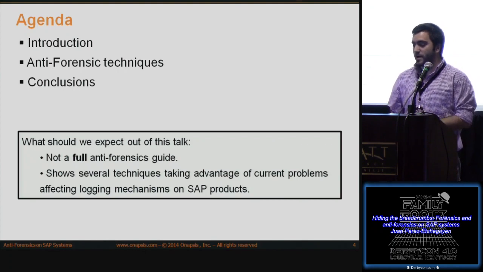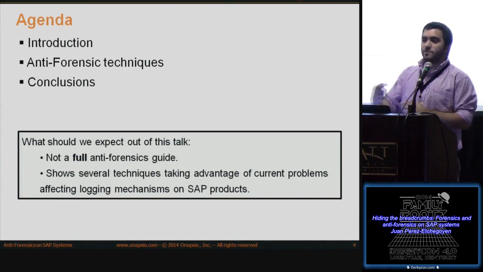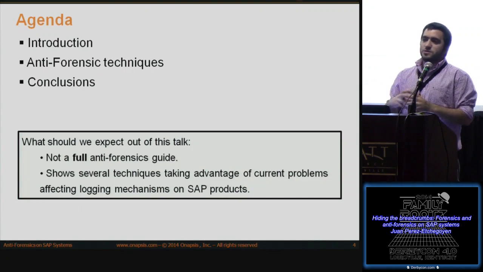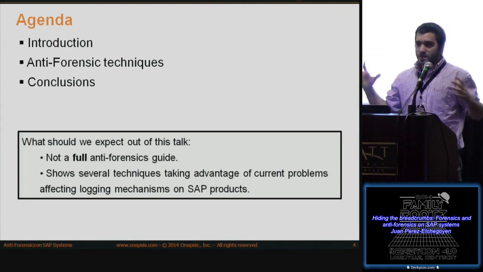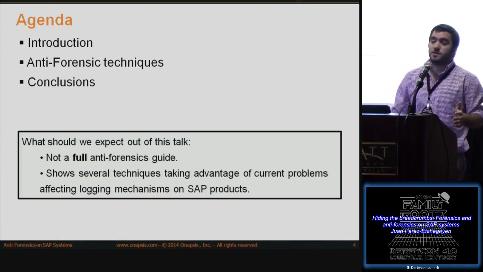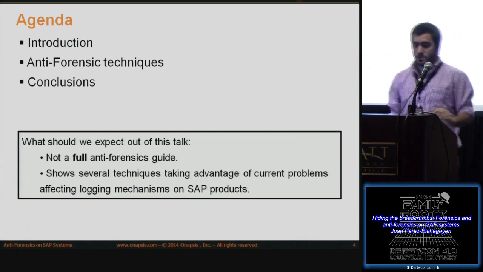I'm not able to run an SAP system here on my laptop, but I have videos of some attacks that abuse these features in order to hide the source of the attack or completely hide an attack on an SAP system. And then we'll draw some conclusions. By no means is this a full anti-forensics guide, so we are not going to cover all the techniques. We are just going to show some examples and introduce you to this topic, which is very, very interesting.